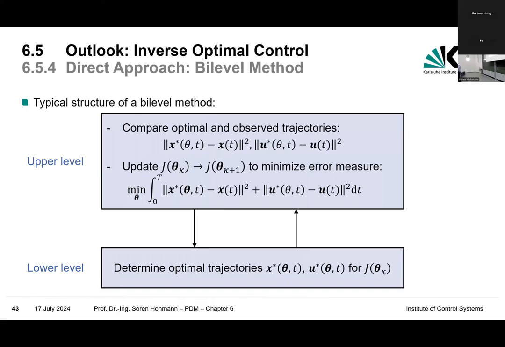So you have one classical static optimization problem as an outer loop and an inner loop, which calculates the dynamic optimization problem. This is called the bilevel method because you have an outer and inner loop, 2 levels. That's why bilevel. And it was the first approach that started to work in that way.